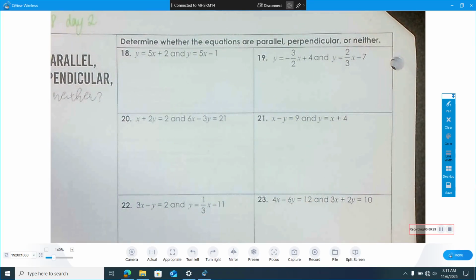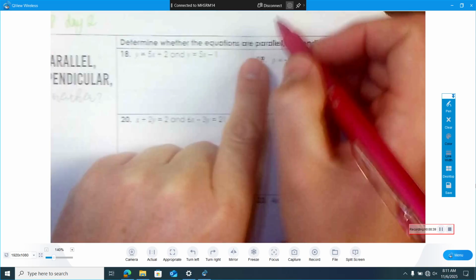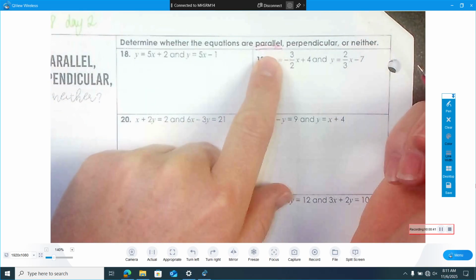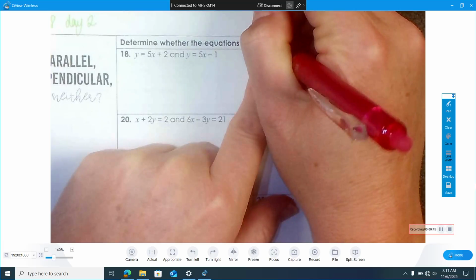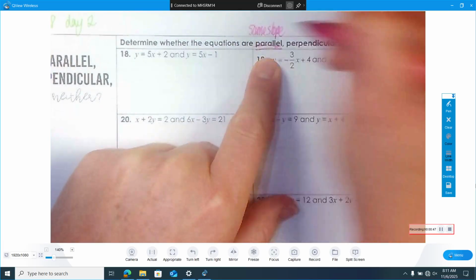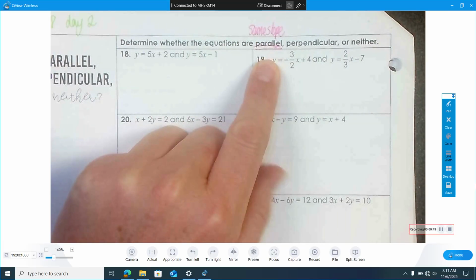Determine whether the equations are parallel, perpendicular, or neither. How are we going to go about doing this? How do we know if lines are parallel? What can we look at? The slope. If they have the same slope, we know they're parallel.